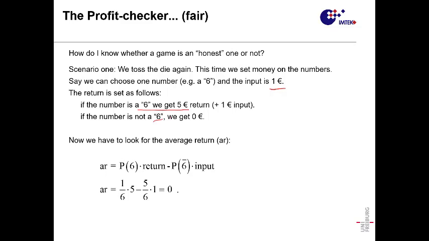You have to calculate the probability to get a 6 times the return, so times the €5 that you get if you get a 6, minus the probability of not getting a 6 multiplied by your €1 that you give to the person, the input, right? And if you do this calculation, you actually end up with 0.